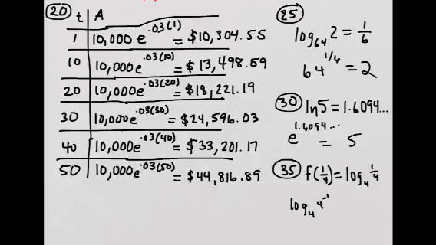So this -1 becomes a coefficient of the log, and so I'm left with -1 times log base 4 of 4. Well, log base 4 of 4 equals 1, so this part equals 1. So 1 times -1 is -1.